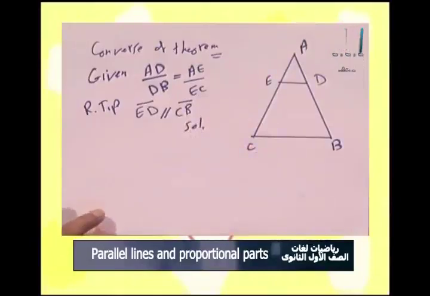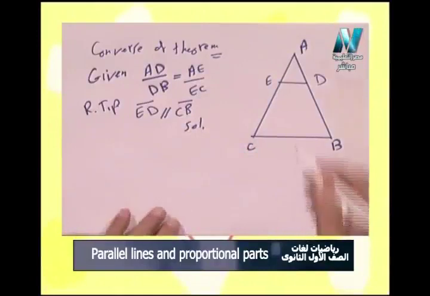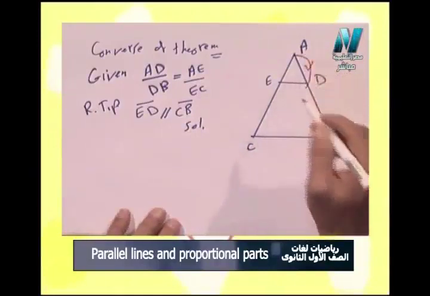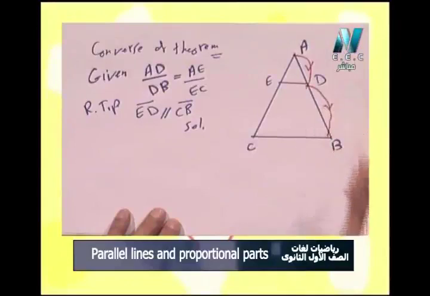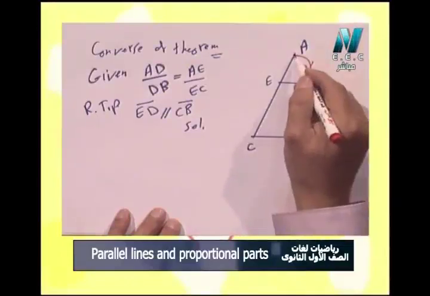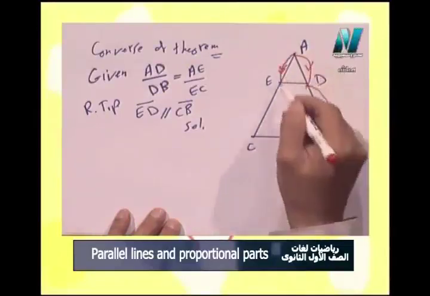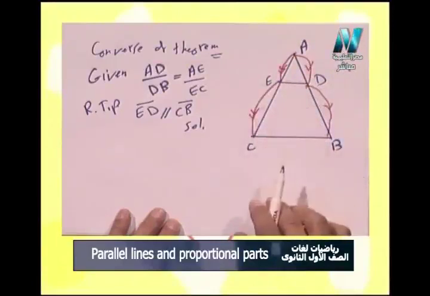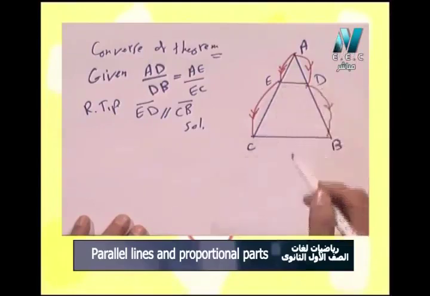Solution: we have here AD over DB as given equals AE over EC, and we would like to prove that ED is parallel to CB.